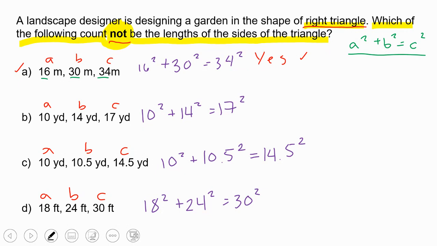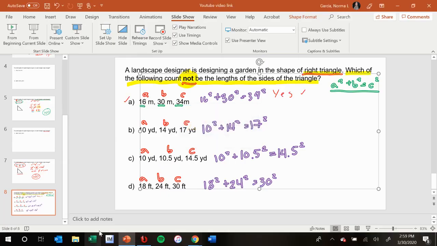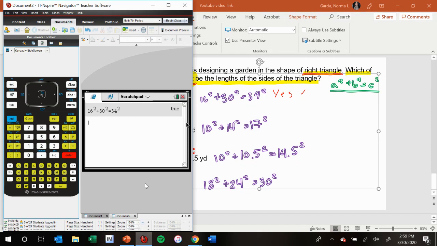So we're looking for the one that is not true, or the one that is false. So I'm going to go back to my calculator over here. And I'm going to start to type this in. 10 squared plus 14 squared equals 17 squared. See, that one gives me false.